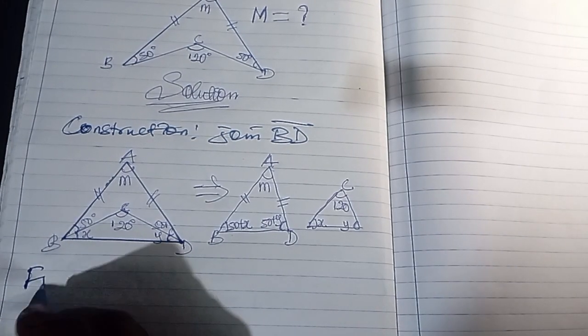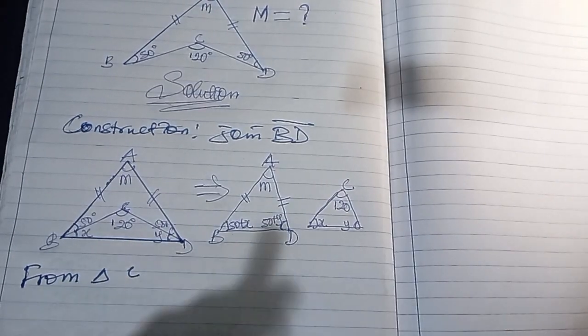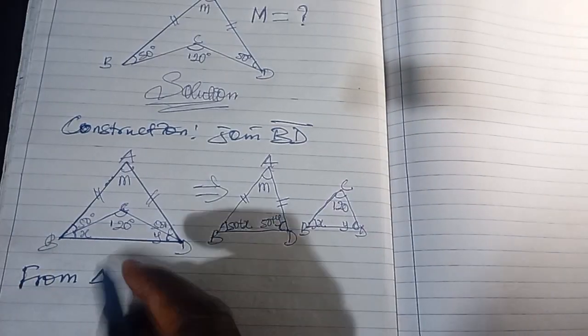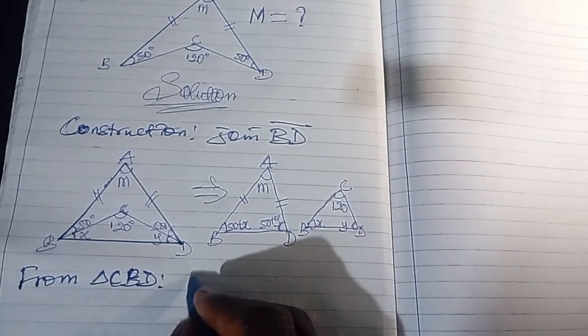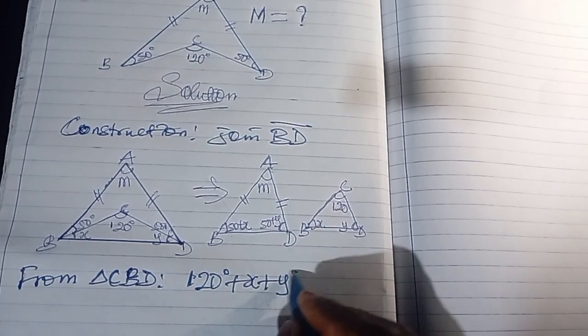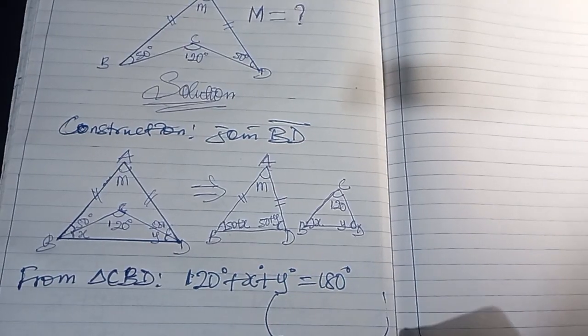So from triangle C, B, D, you have that 120 degrees plus X plus Y will give us 180 degrees. What is the reason?